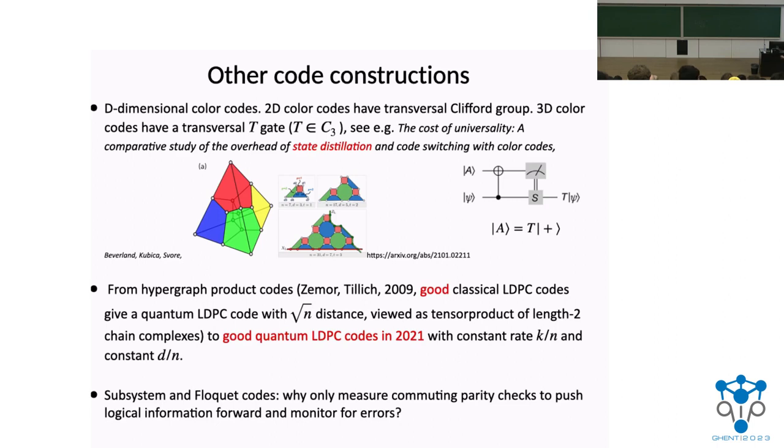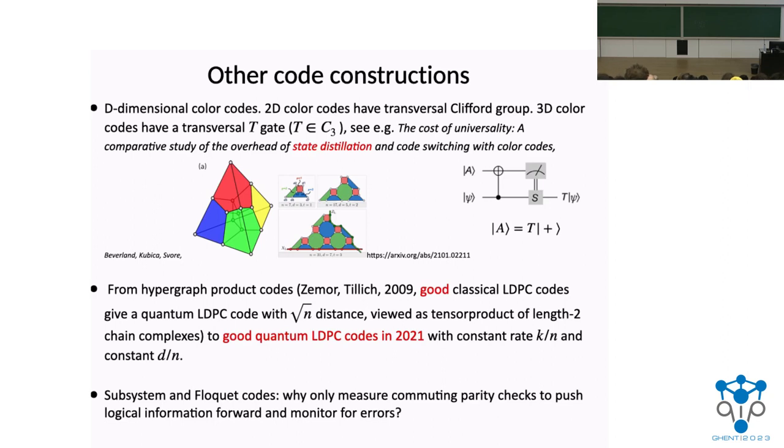This is not just a tiling of a surface. This is not how they come about, or they can be related to surface codes and homological codes. But they have nice features like the 2D color codes have this transversal Clifford group, and the 3D color codes have a transversal T-gate, as I mentioned in answering a question. But I think I already covered how you would use such a T-gate.